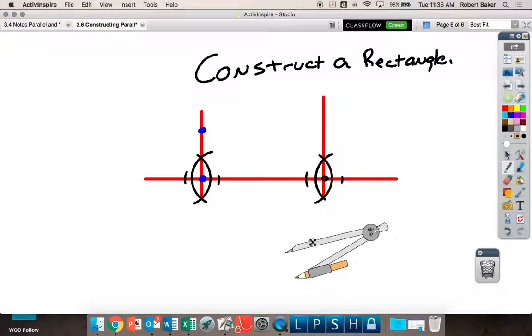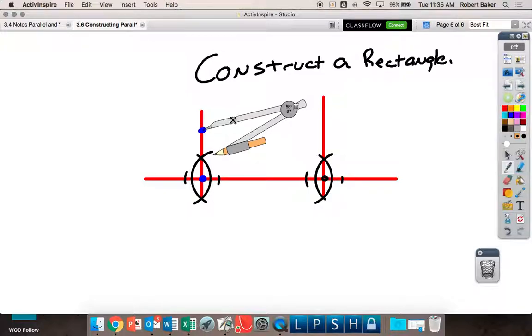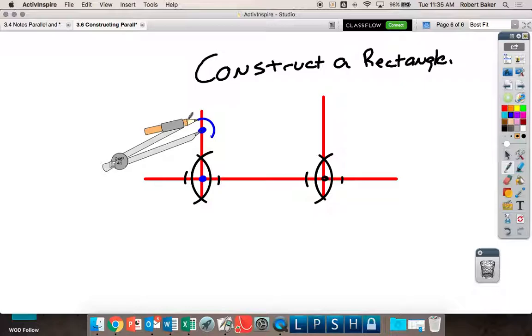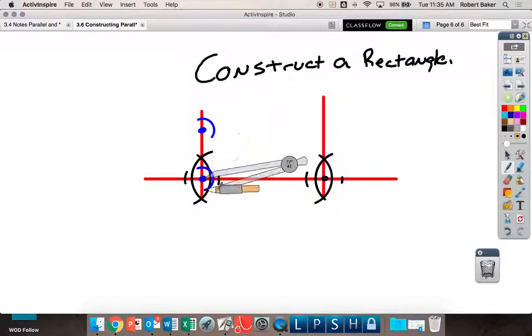So go to my blue dot and I swing an arc that crosses my red line without changing it. Go down to this blue line, swing an arc.